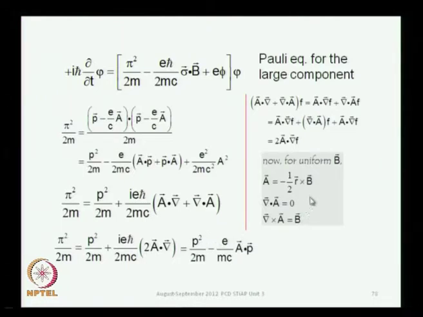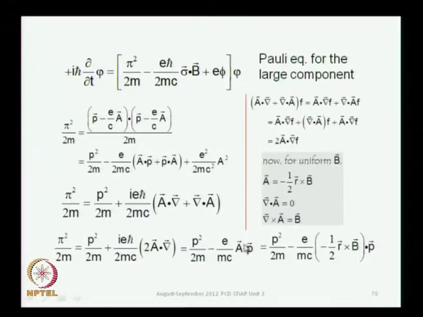And now let us think of a uniform magnetic field for which the vector potential is minus half r cross B. You can see this very easily, that this generates a uniform magnetic field. Its divergence and curl both would vanish. Curl would of course give you the magnetic field, but the divergence will vanish, it is uniform. And this vector potential is then replaced by minus half r cross B.